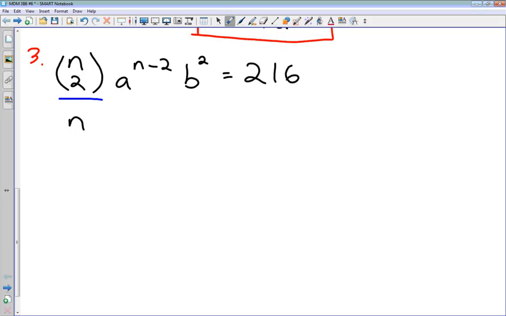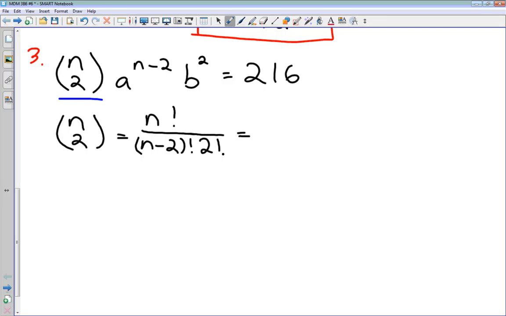Well, let's see. N choose 2, if we apply our combination formula, is going to be n factorial over n minus 2 factorial over 2 factorial. I can simplify this factorial expression. I can rewrite n factorial as n times n minus 1 times n minus 2 times so on and so on, or just n minus 2 factorial.